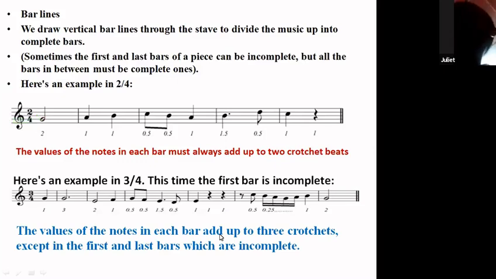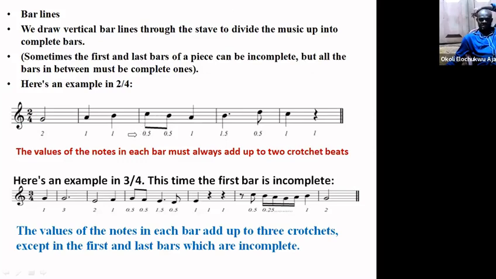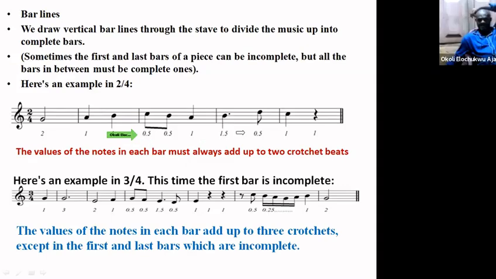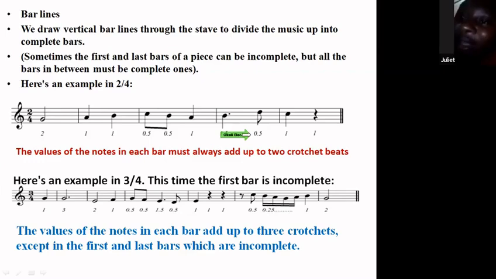Okay, look at this now. You are talking about this 0.5 here, the quaver after the dotted crochet.